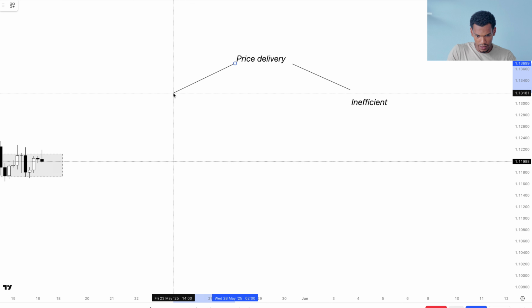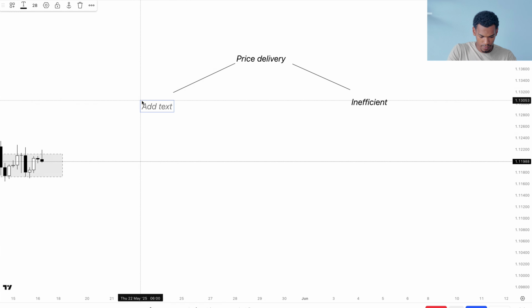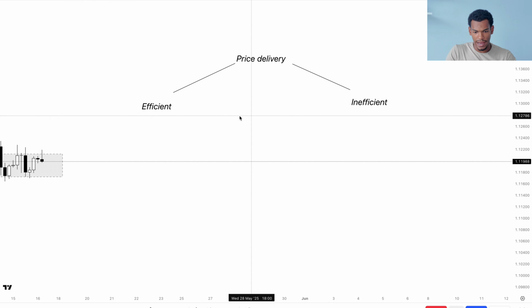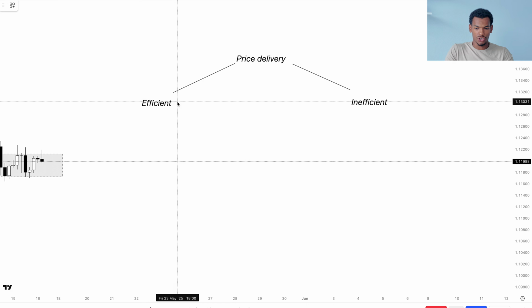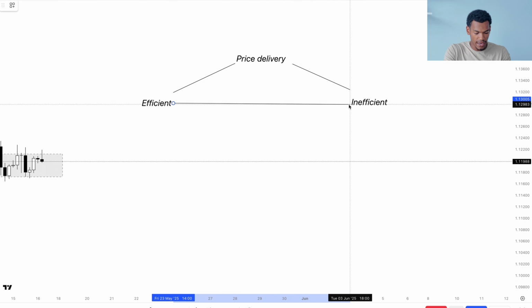And the other end is efficient delivery. Now, these are two extremes. You have extremely efficient and extremely inefficient, but price will be able to manifest anywhere on this spectrum.